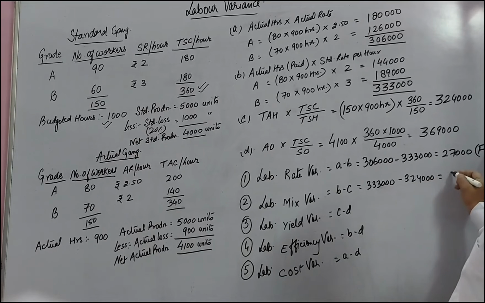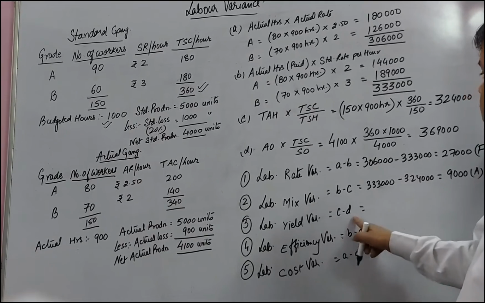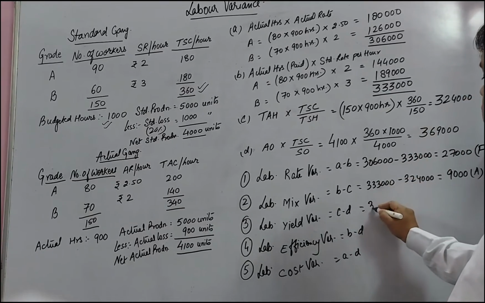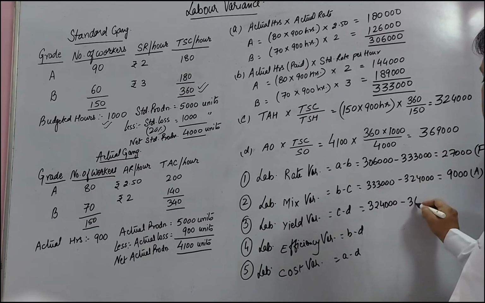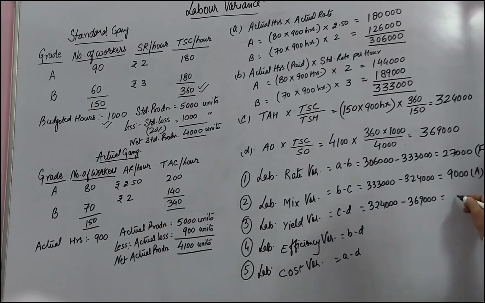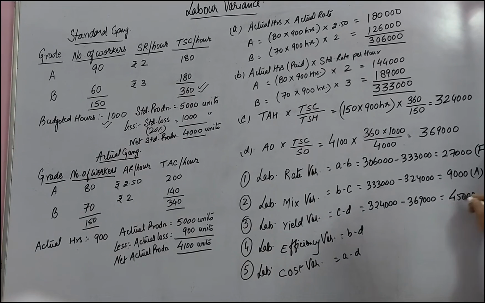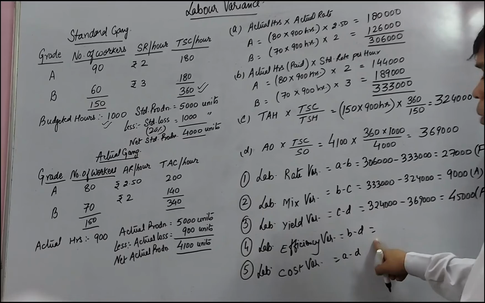So this is 9,000 positive. Positive means adverse. This is labor mix variance, B minus C. Then labor yield variance, C minus D. On C we have calculated 3,24,000 minus 3,69,000, which is going to give you 45,000 negative. 45,000 negative basically means 45,000 favorable.